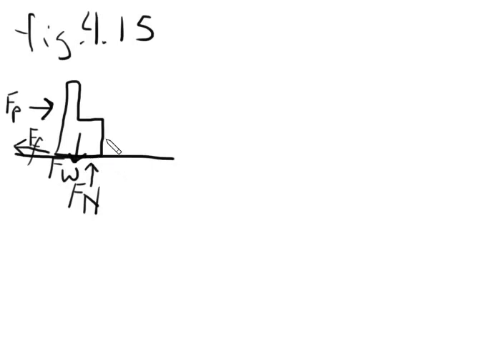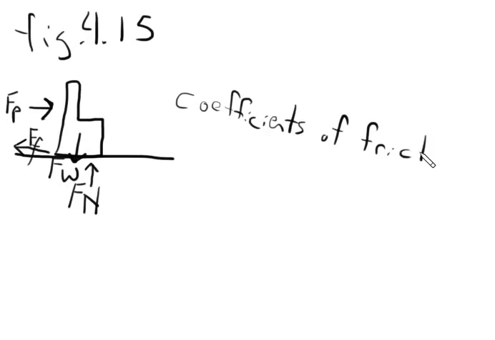And all two surfaces in the world have coefficients of friction. Again, friction acts opposite to the direction of movement. So this is an applied force here. This is somebody pushing this chair.